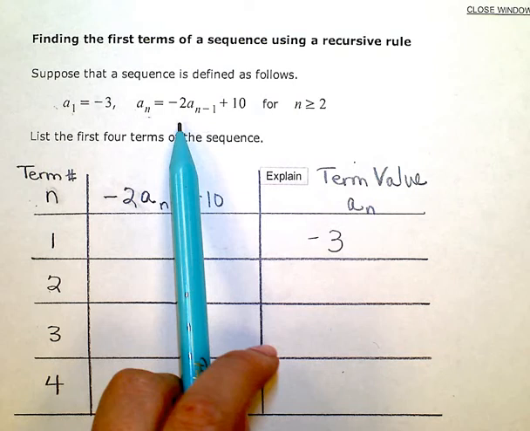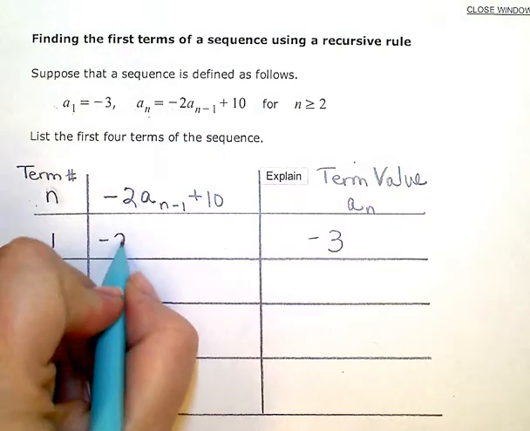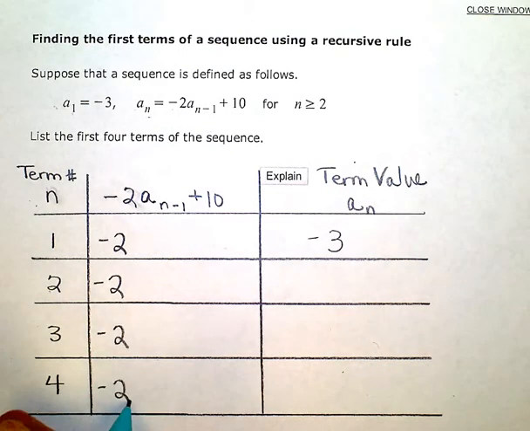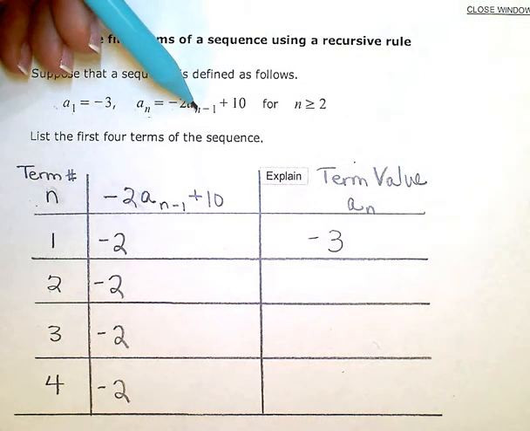I'm always going to do -2 times the value of the previous term.